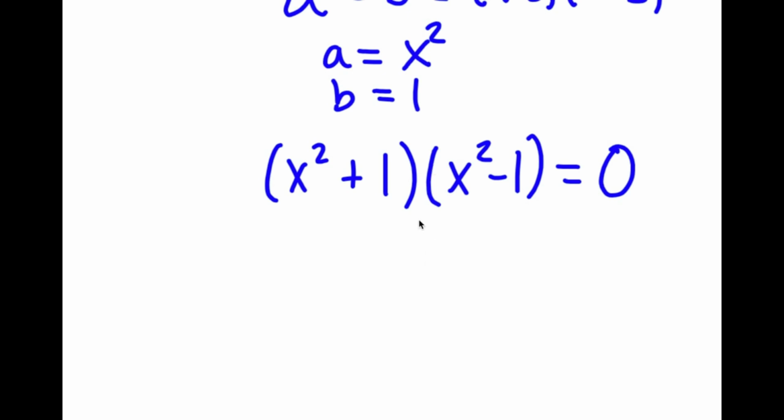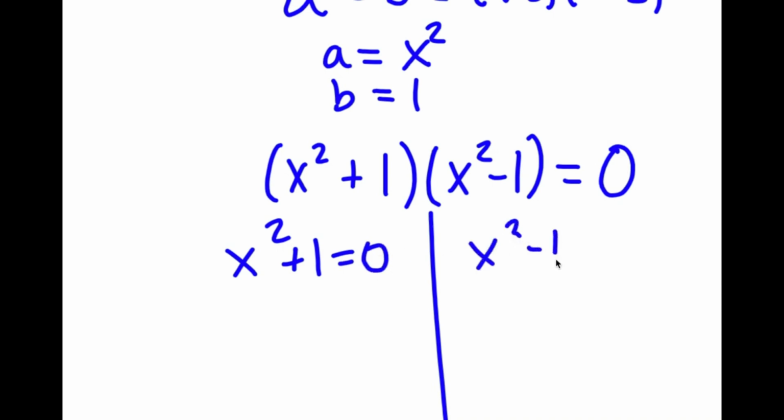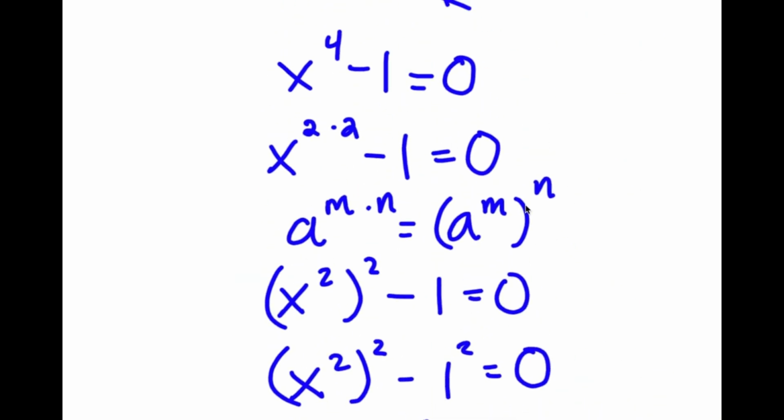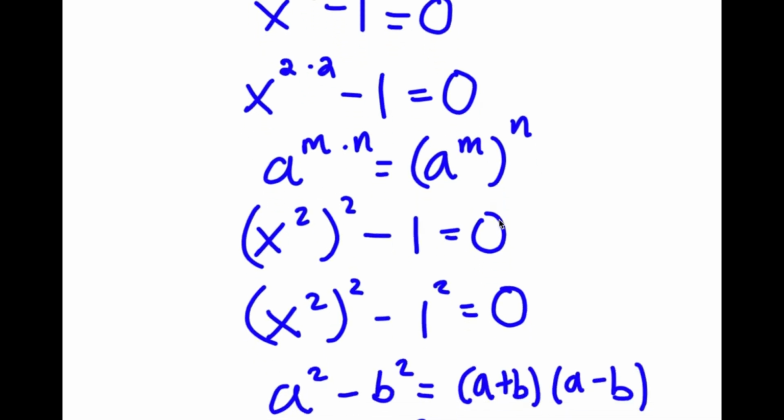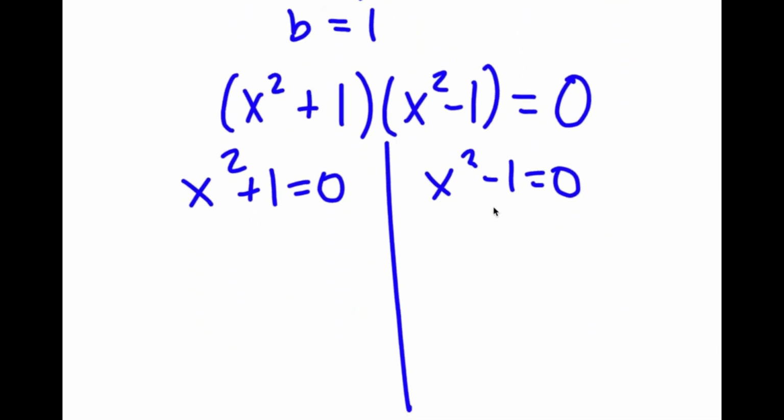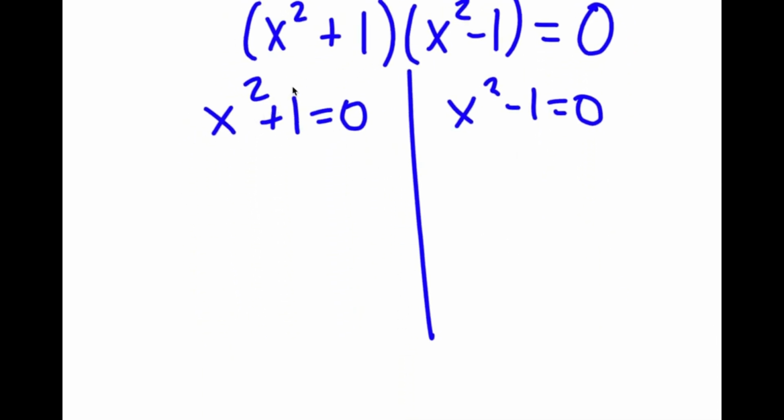This actually gives me two equations. I have x squared plus 1 is equal to 0, and I have x squared minus 1 is equal to 0. So for x squared plus 1 equals 0, I'm going to start by subtracting 1 on both sides.